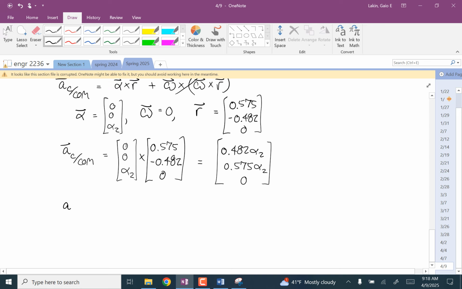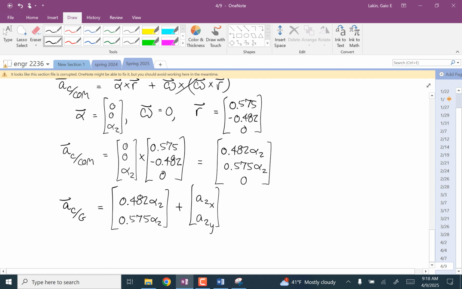So the acceleration of c relative to the ground is 0.482 alpha 2, 0.575 alpha 2. I'll just leave off the z's now. Plus a2x, a2y.